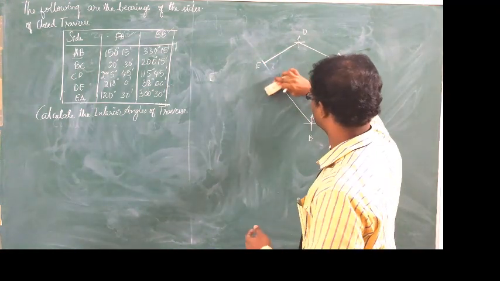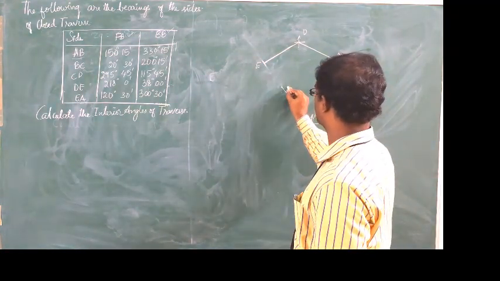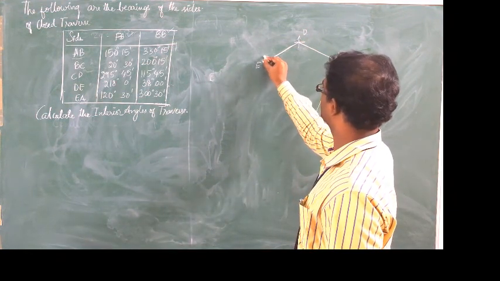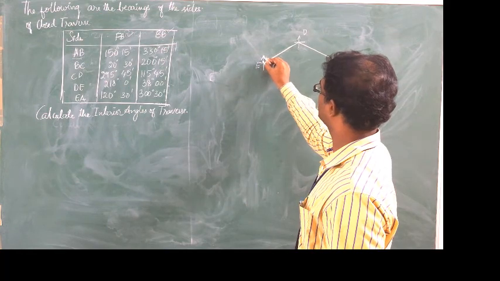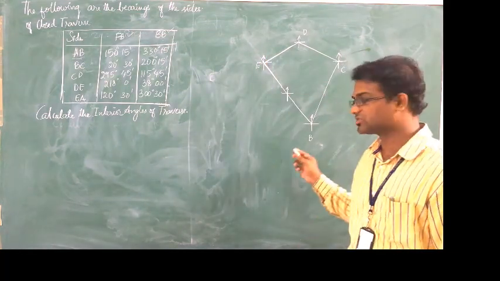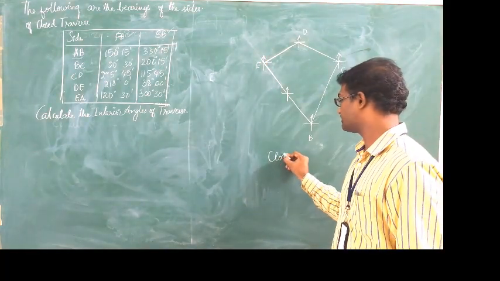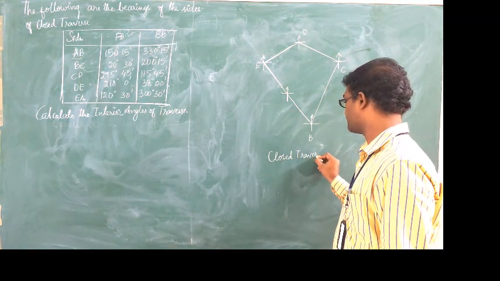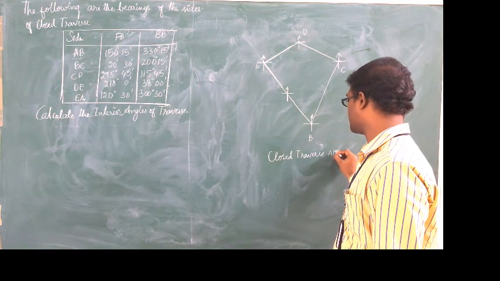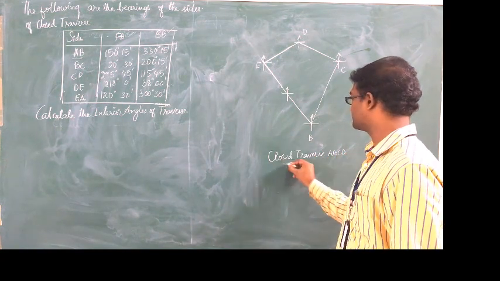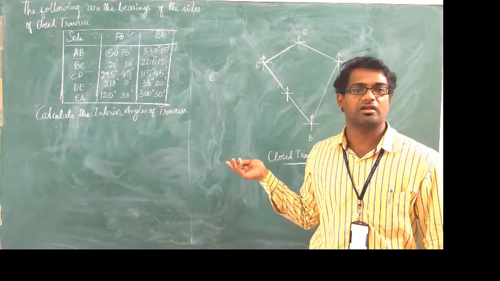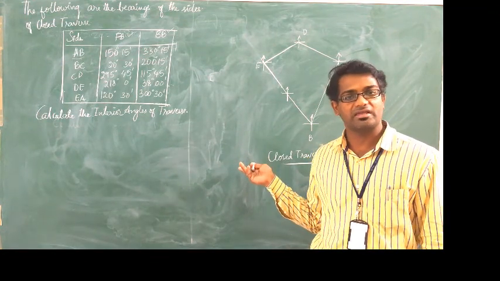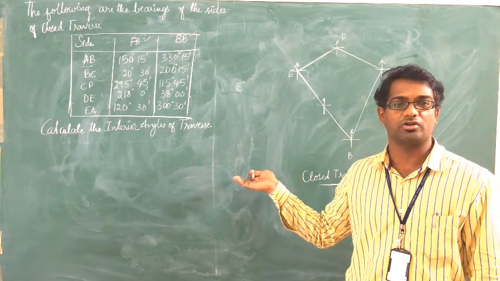So you can shift A from here to somewhere else here. So this is your closed traverse. A, B, C, D. If you don't understand how I plotted this closed traverse diagram, please watch the video again.